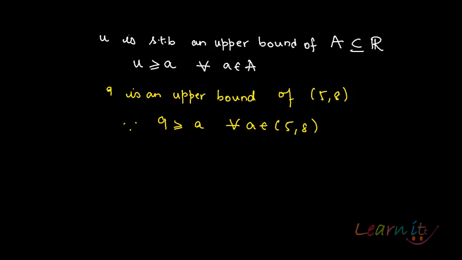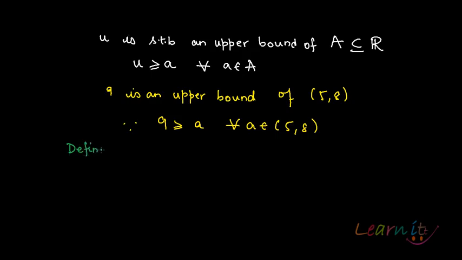So that is why 9 is an upper bound. Other than 9 you can have many other upper bounds, right? But 9 is an upper bound of the set given to us.